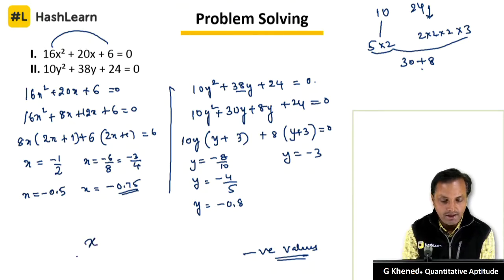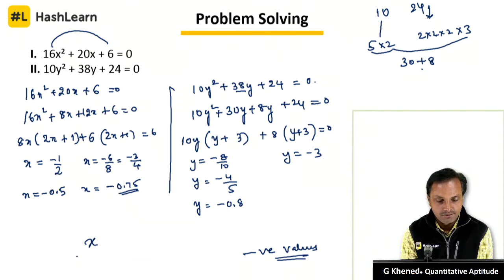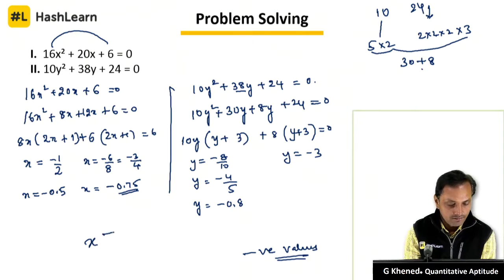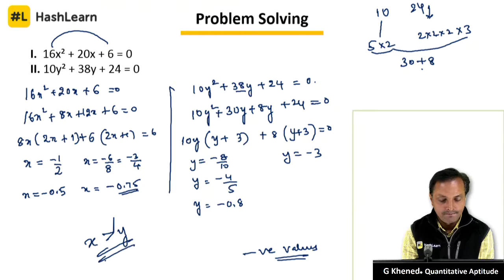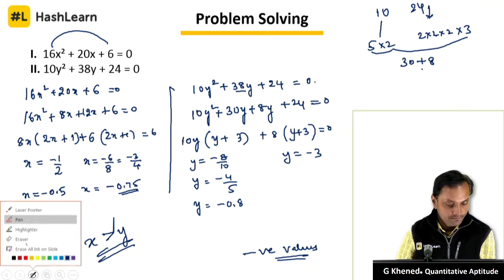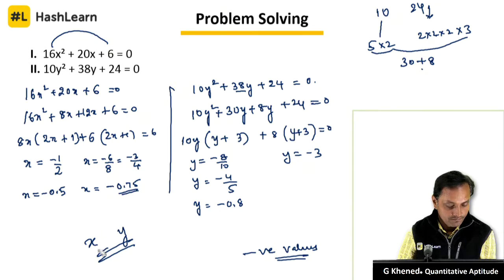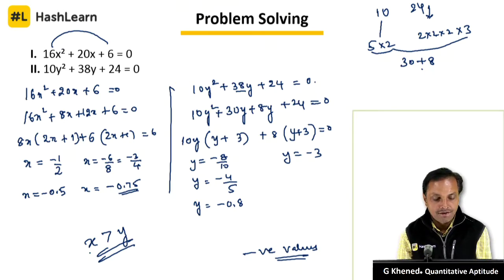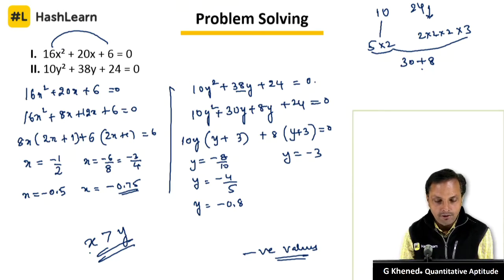So, you are getting the values x greater than y. The value of x is greater than value of y.